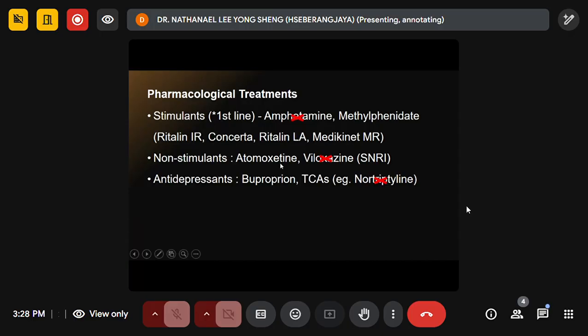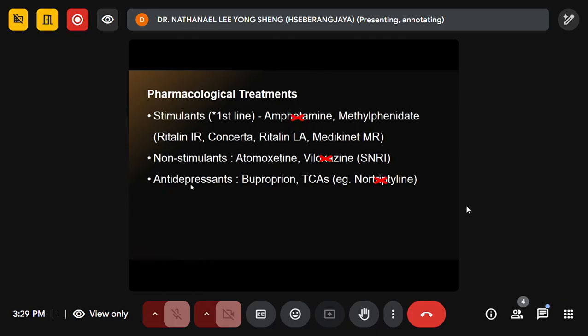Or else another group of people that we might opt for non-stimulant is those who have a history of substance use, because by using stimulants there's a risk that they might get into dependence. Okay, so we will usually go for atomoxetine for these two groups of patients. Otherwise, there's no other definite contraindication to use stimulants.